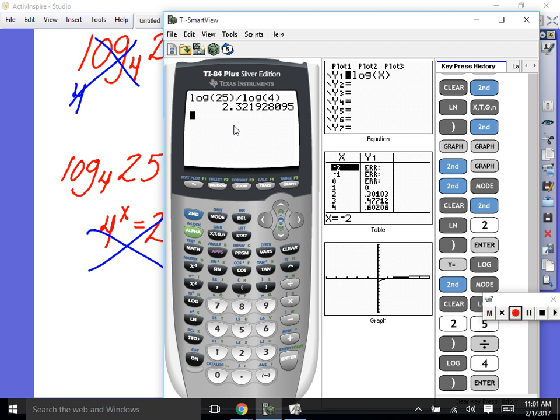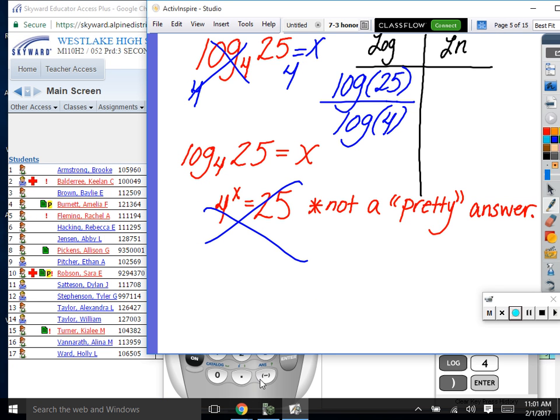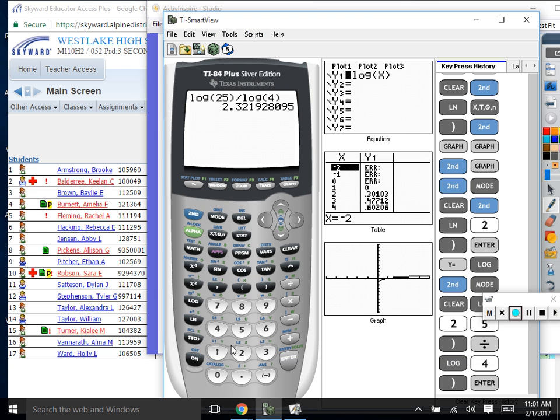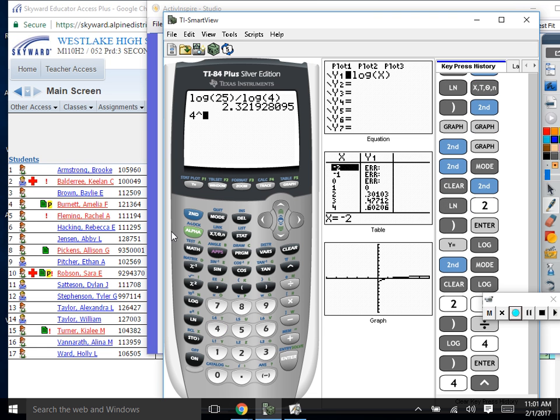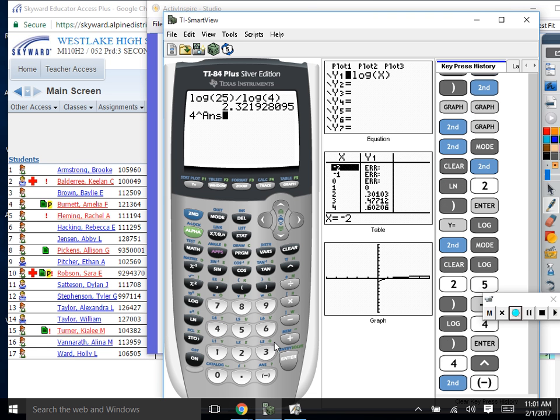Hit enter. We would have never gotten that decimal. We would have never guessed that by putting it as an exponential. Now watch, we can even check that, because it is an exponential. So here's our exponential, 4 to that decimal equals 25. Let's look. 4 raised to the second answer, so that puts in the decimal.